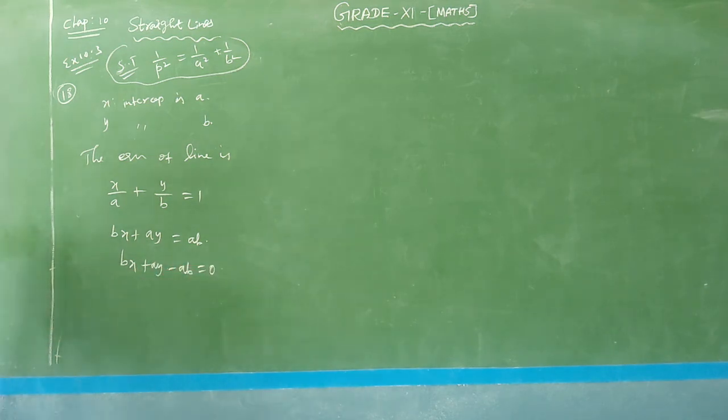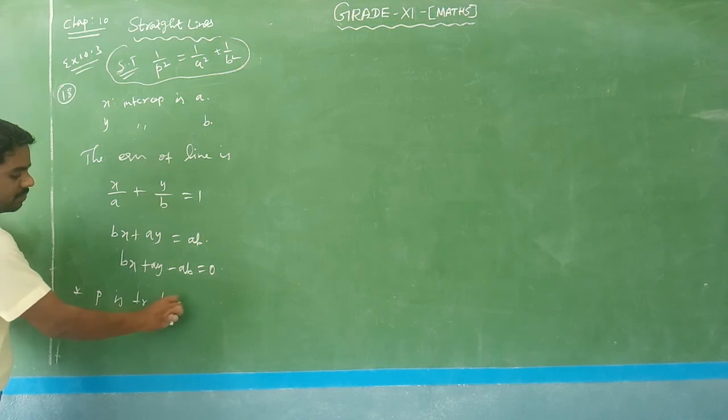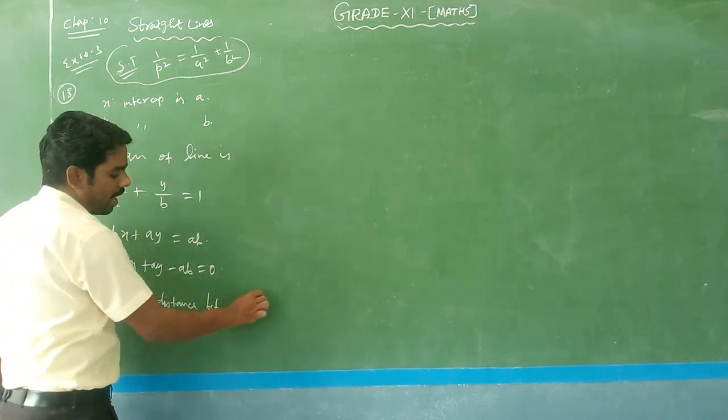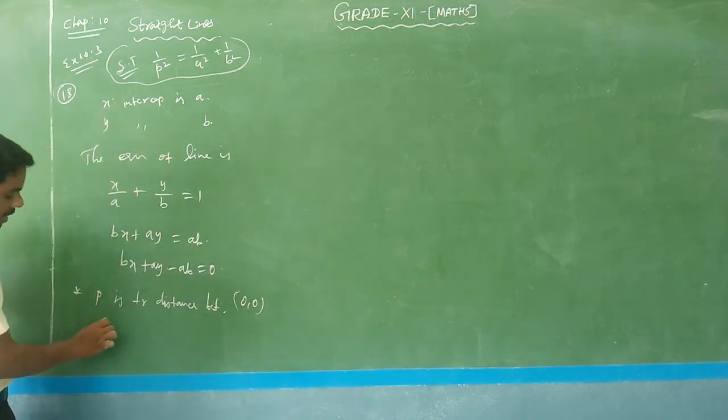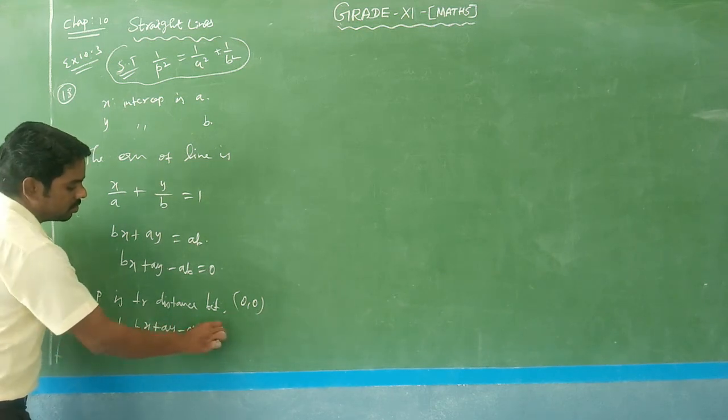Given information: p is the perpendicular distance between the origin (0, 0) and this line, bx + ay - ab = 0.